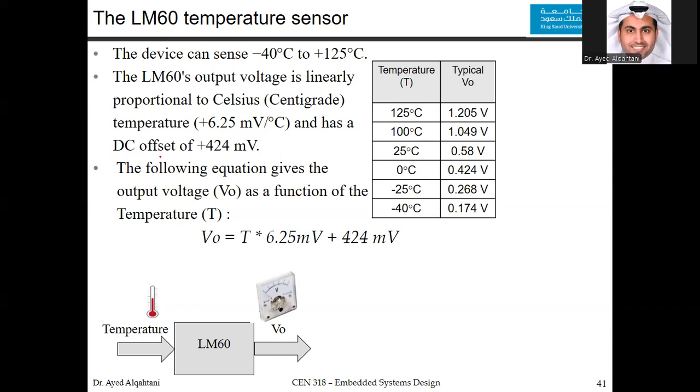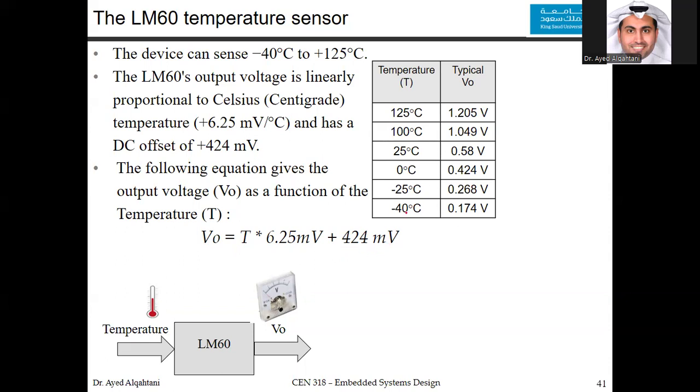And it has a DC offset of 424 millivolt. So all this information, we plug it in the linear equation. The output voltage of this sensor, we call it V naught or V0, is equal to T, the temperature that you are reading, multiplied by 6.25 millivolt plus 424 millivolt, which is the offset.